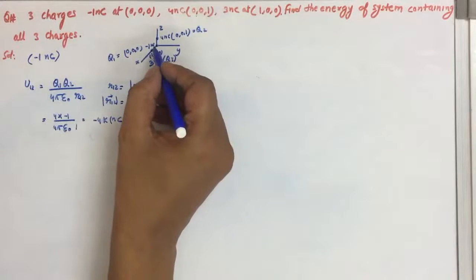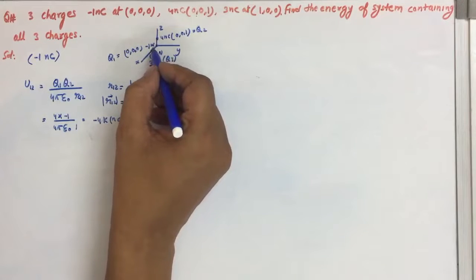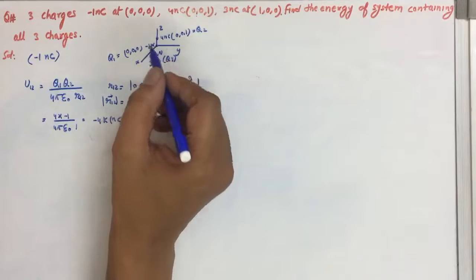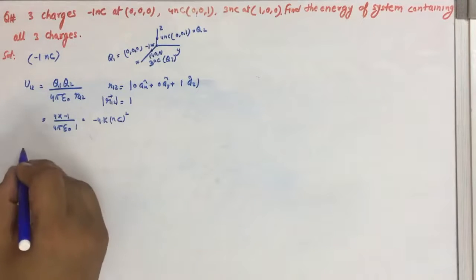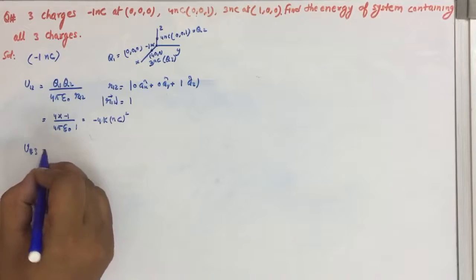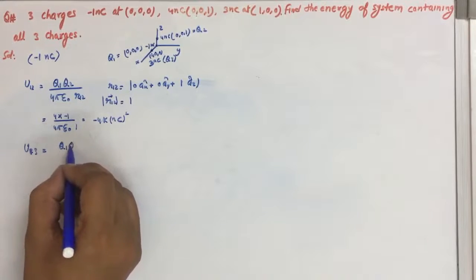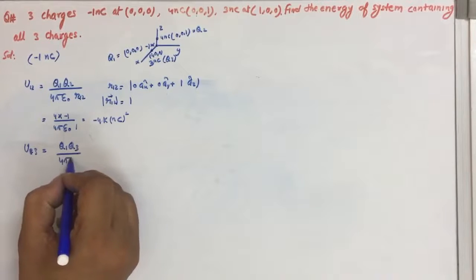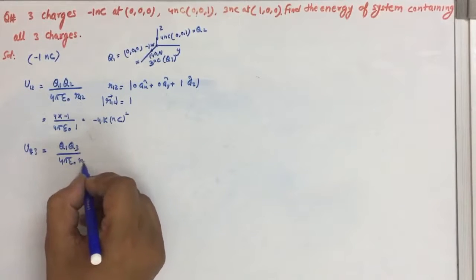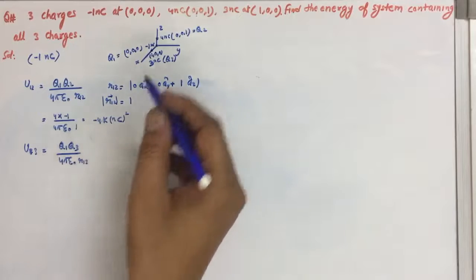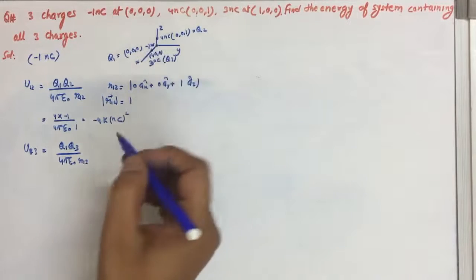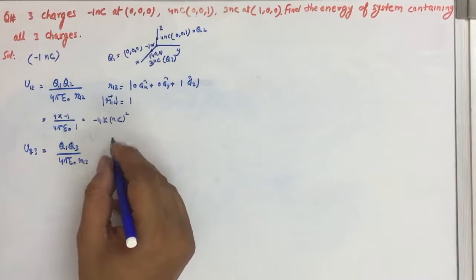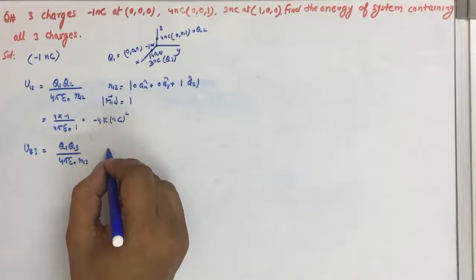Now between 1 and 3 you can write similarly. Now you can say 1, 3. Q1, Q3 will be over 4 pi epsilon R13. So R13 will be AX.